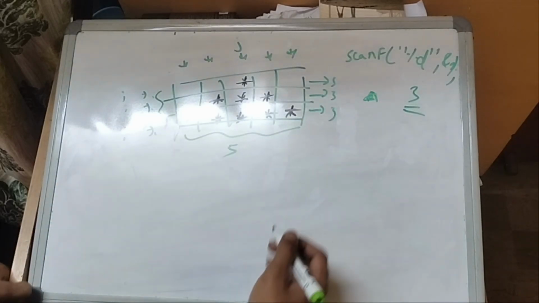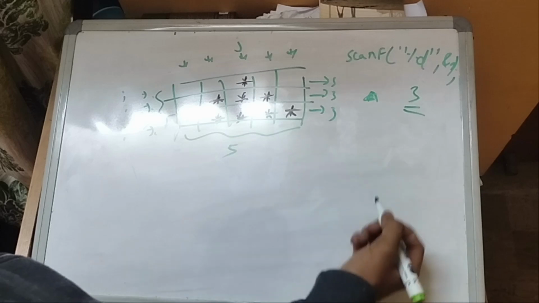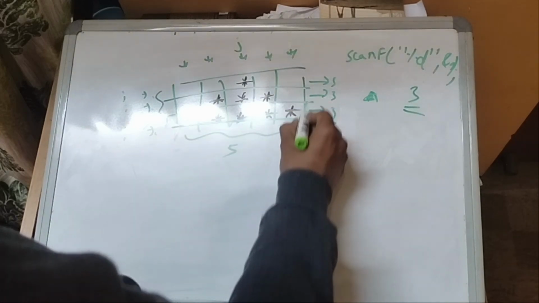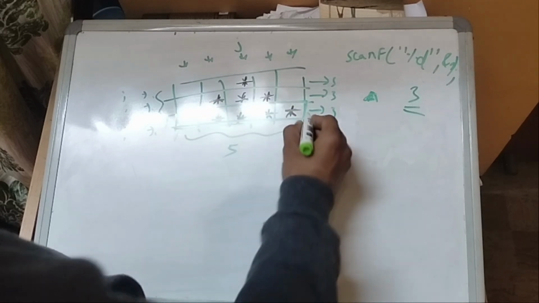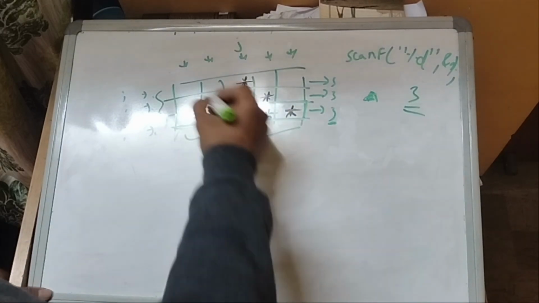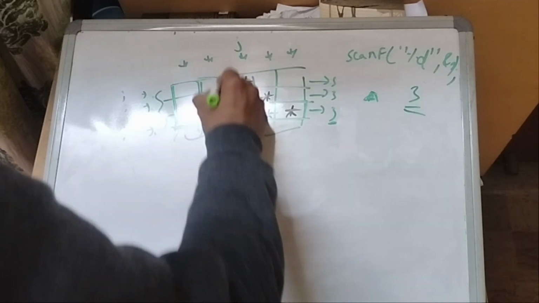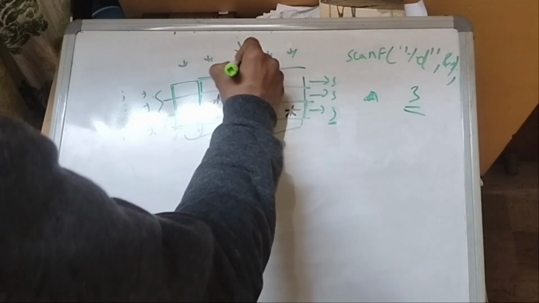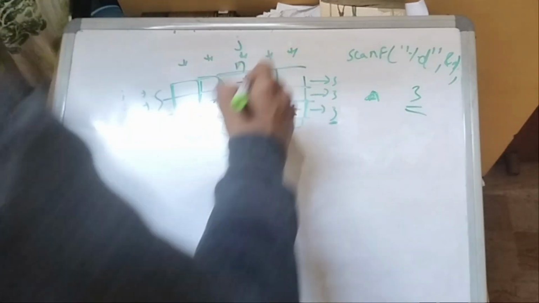Alright, so in terms of rows, there are 3 rows, and the third row is this. But what about the column? The third column is this, that is n. So this is basically n.